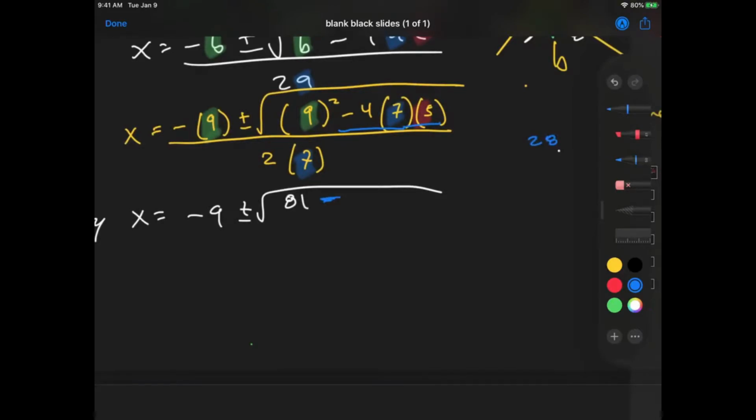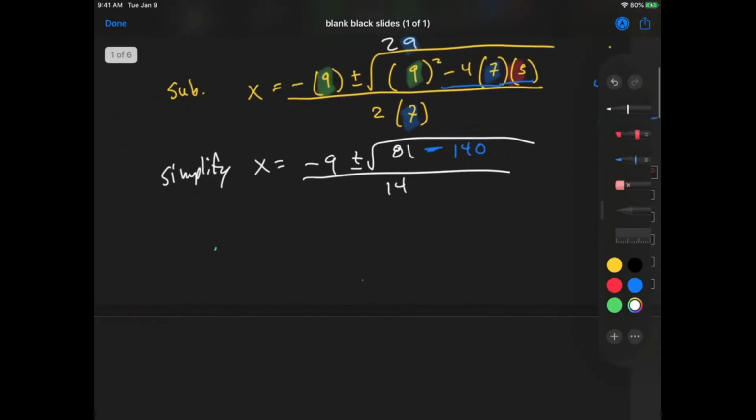And 28 times 5 is 140. And then all over 14. Let's keep simplifying. So now I have x equals negative 9 plus or minus the square root of negative 59, all over 14. Okay.